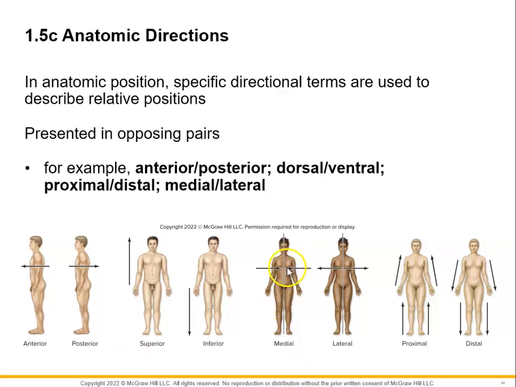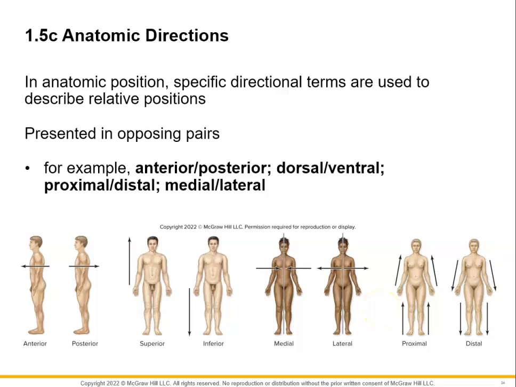Medial toward the midline, lateral toward the side. Think of a lateral pass in football. So the arms are lateral to the torso. The umbilicus, your navel, your belly button, is medial to the coxal region, your hips.